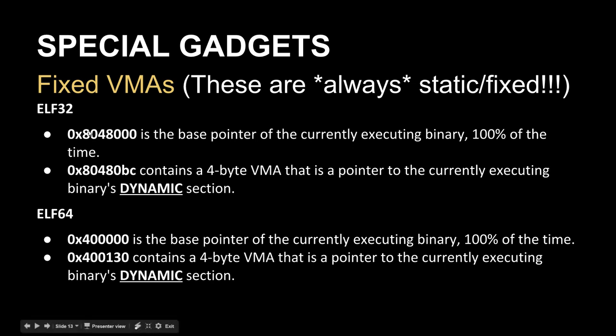And I've just shared 2 gadgets for 32-bit and 2 for 64-bit that do the same thing. There are many more special gadgets, but it would just be unfair if I gave them all away.